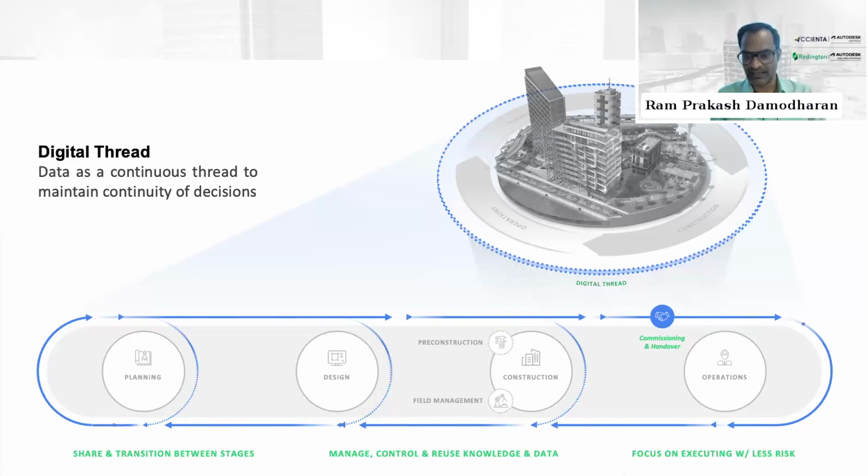And you have a lot of capability of visualizing that collaboration before the pre-construction stage, and also field management. Before it gets into operation, you have a versatile idea of getting hold of commissioning and handover. So that's the flow of data, which starts from the planning stage and goes to the operation stage, all built together. The next slide will show more in detail.